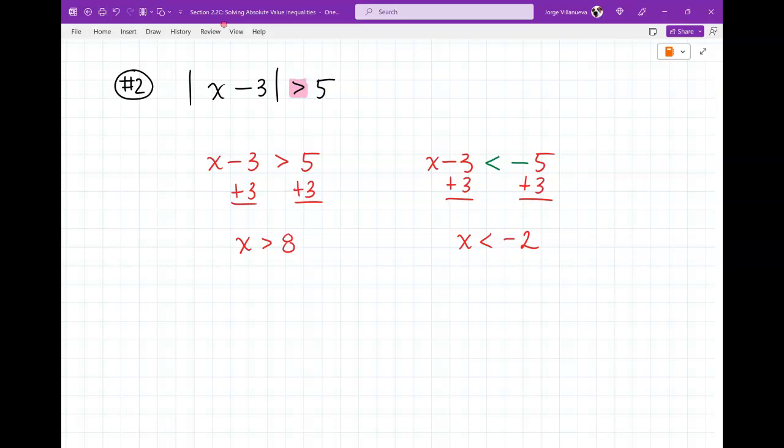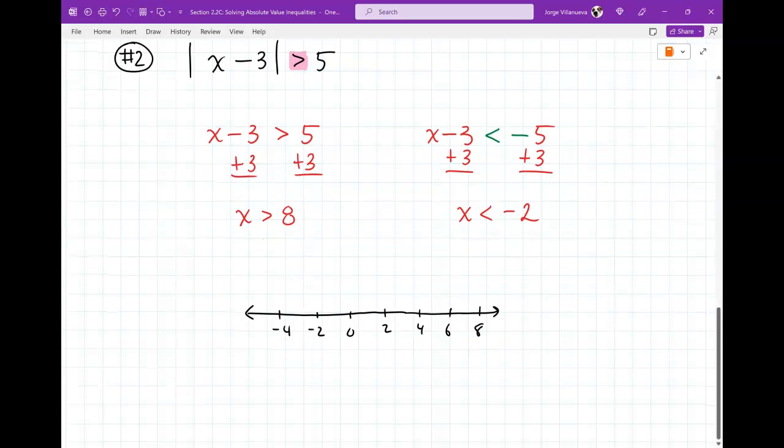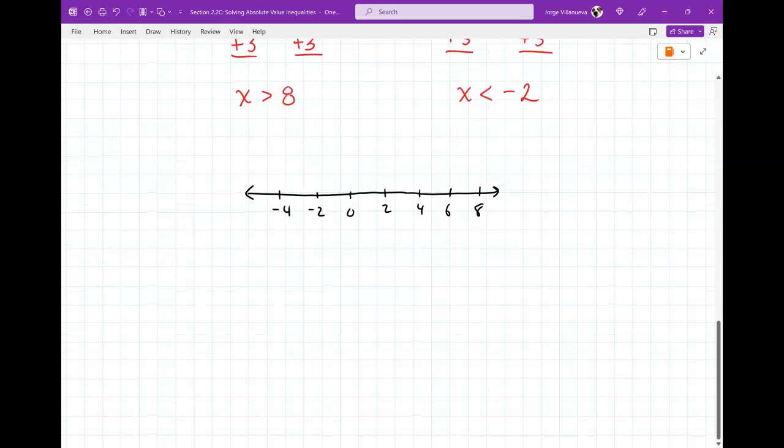Let me go ahead and make a graph for this thing. So we'll do -4, -2, 0, 2, 4, 6, 8. That should fit everything.